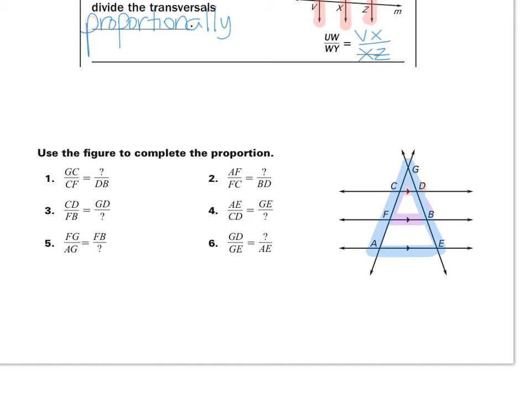So GC over CF, GD over DB. AF, FC, so it's going to be EB over BD.